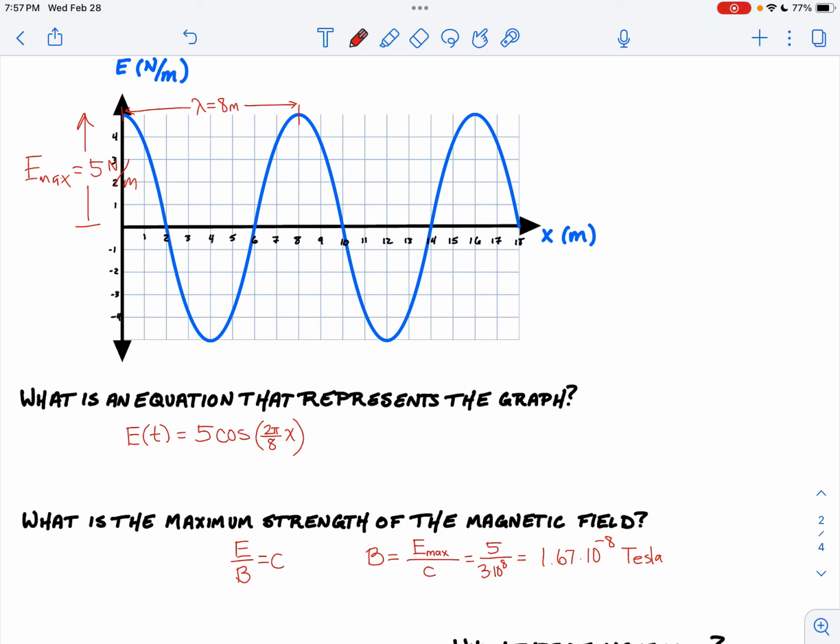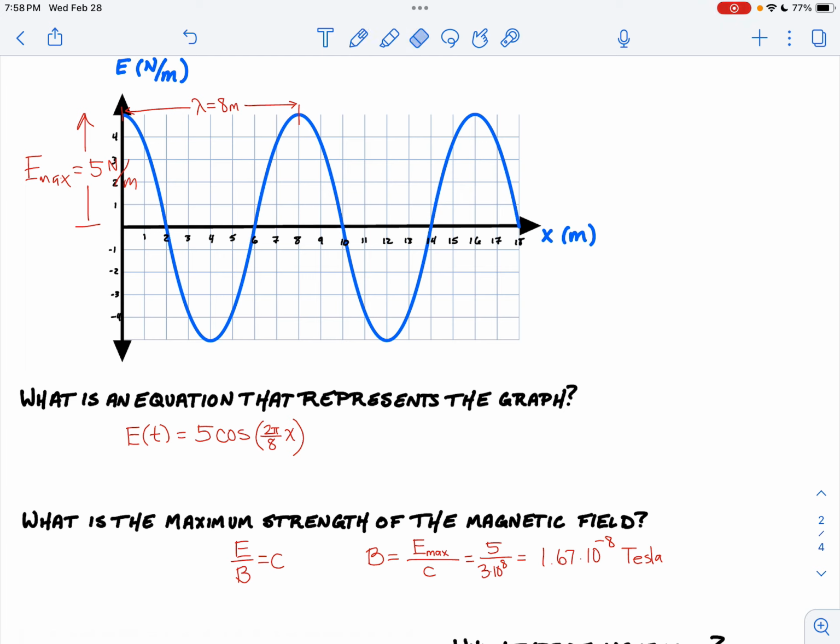So the magnetic field equals the maximum electric field divided by the speed of light, or 5 over 3 times 10 to the 8th meters per second, which comes out to be 1.67 times 10 to the negative 8th Tesla.